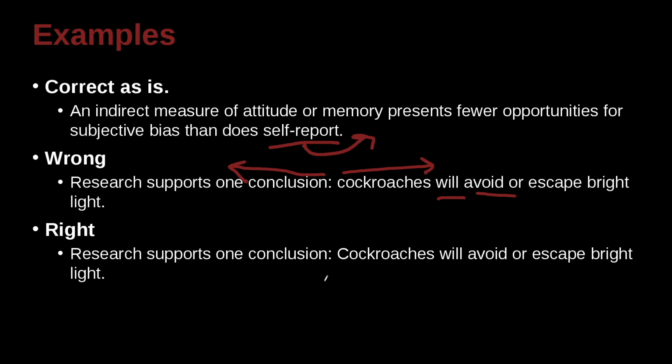What can we do? Remember, we could add a comma and a conjunction. But what we've done here, we've added a colon, no space before, one space after, and then the C in cockroaches must be capital C. And why do we do that again?